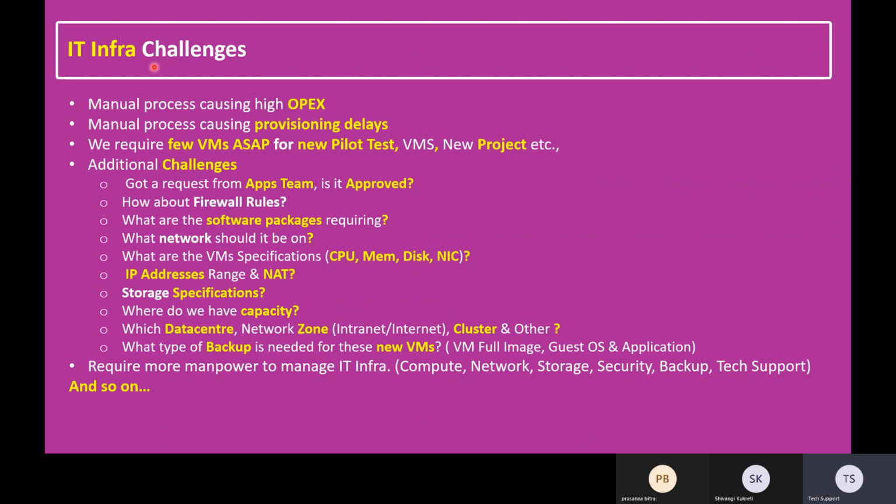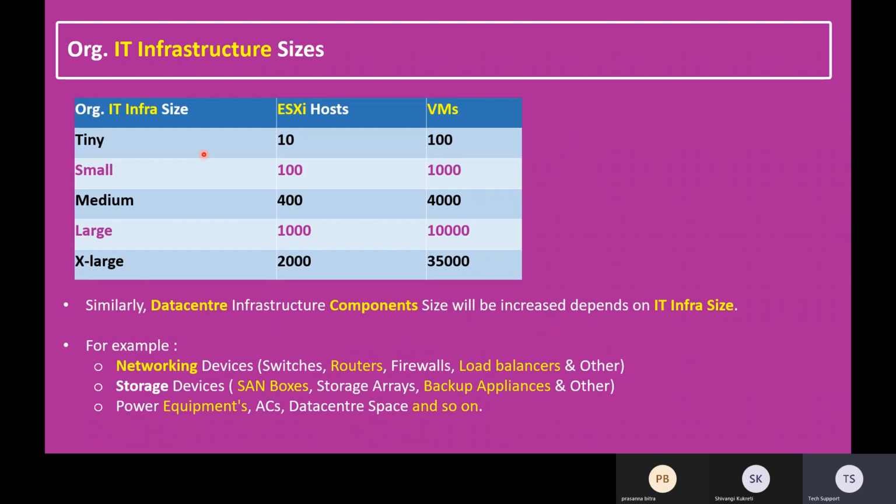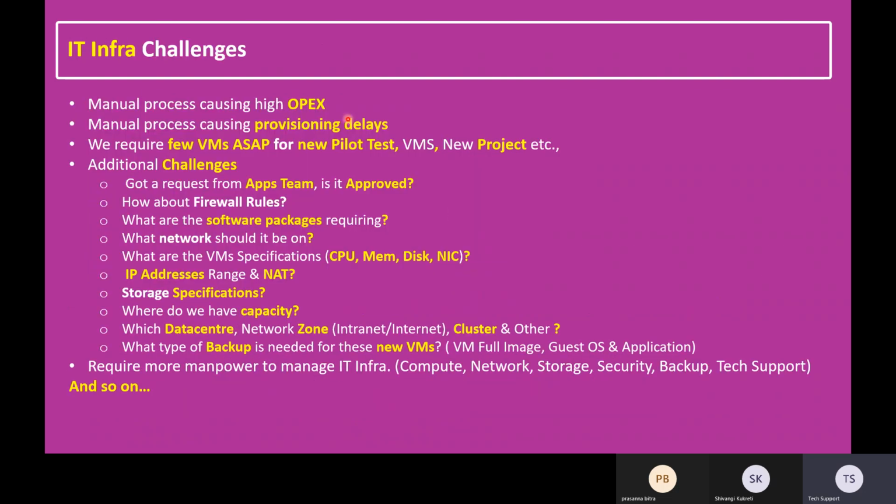But when you look at IT infrastructure challenges, let's talk about a medium organization. We have 4,000 virtual machines. To maintain all the 4,000 virtual machines, obviously your operational expenditure cost is very high. Suppose every month Microsoft releases patches, and similarly Red Hat also releases patches for Linux.